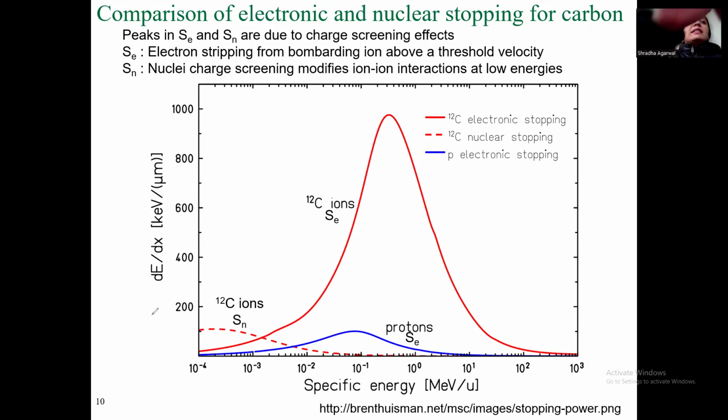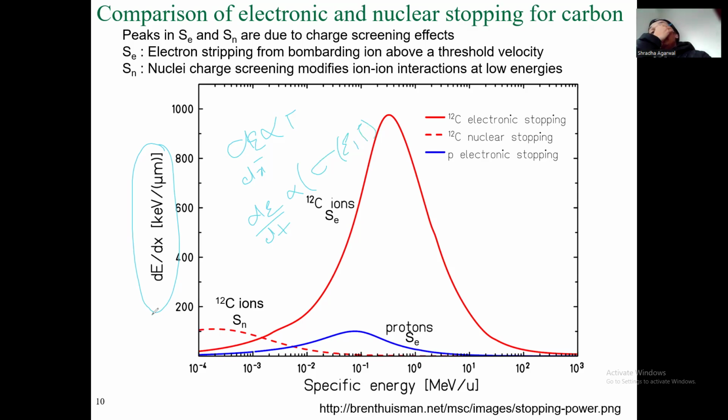Now, what we see is the stopping power, and I can ask you to calculate the stopping power, and you should be able to calculate it by going on that formula where stopping power was dE by dx, and it was proportional to the energy of the recoil, and it was also proportional to your cross section that was changing with energy of recoil. These were the two things, differential cross section. And the unit is dE by dx, right? keV per micrometer.